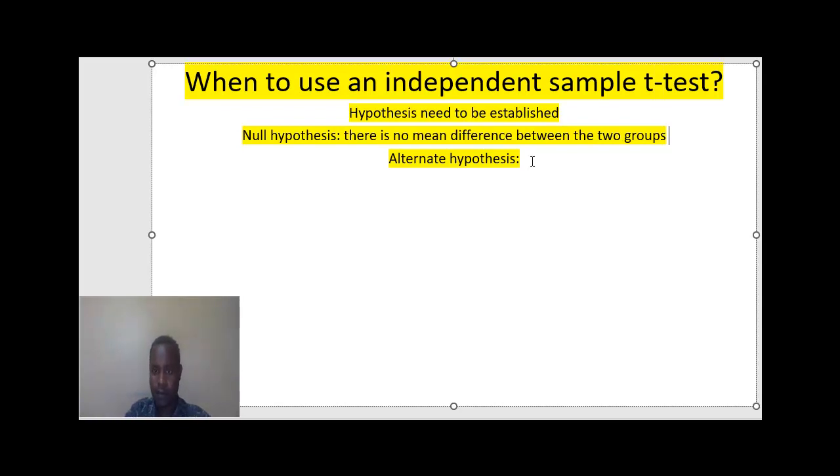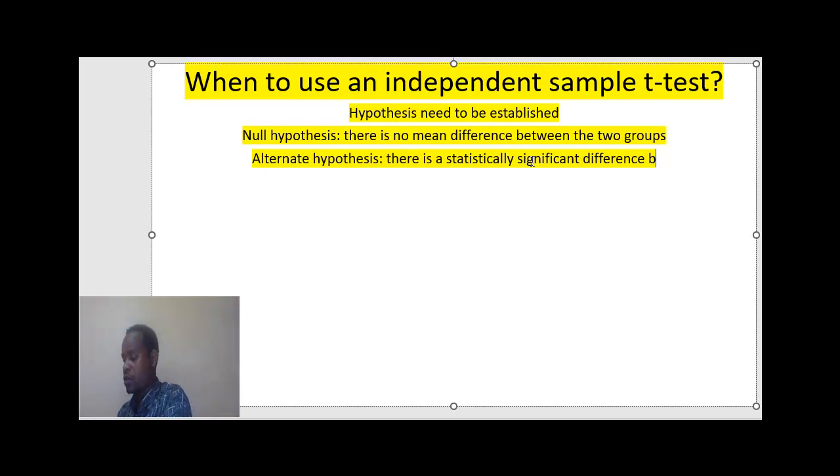And conversely, alternative hypothesis is written like this. It is direct opposite of the null hypothesis. There is a statistically significant difference between the two groups.